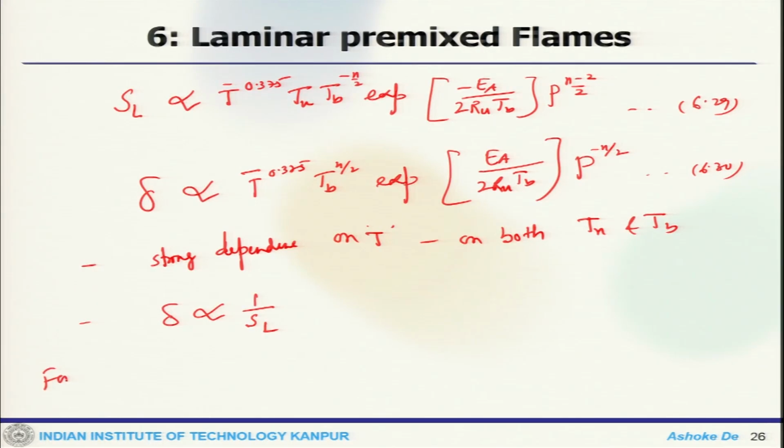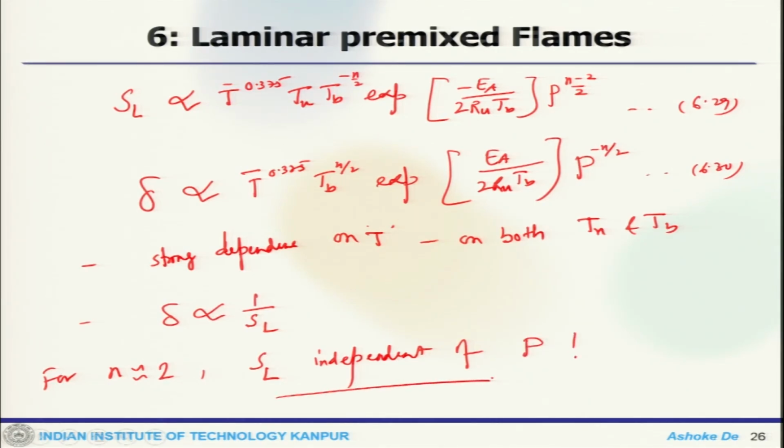If you take some number for n, for example n equals 2, then SL becomes independent of P. That is a specific case one can look at, the dependency of SL on P.